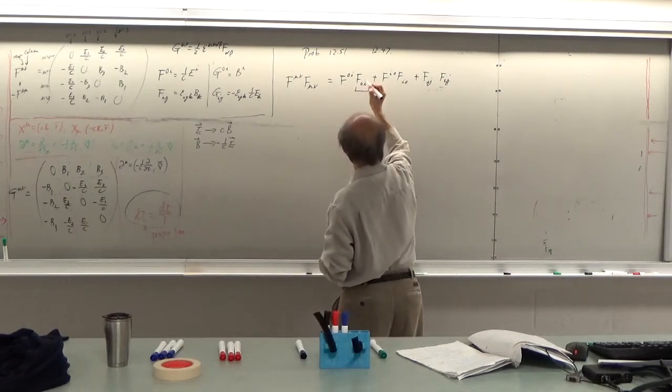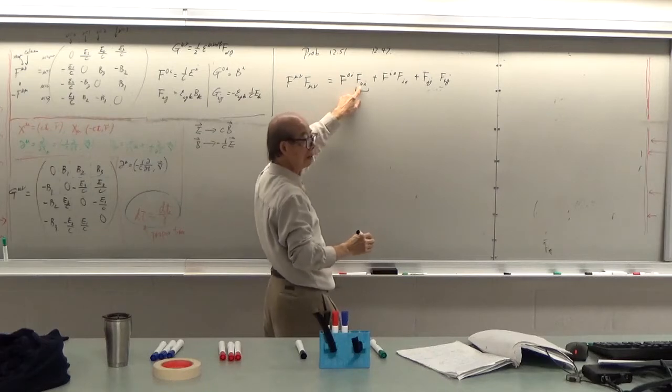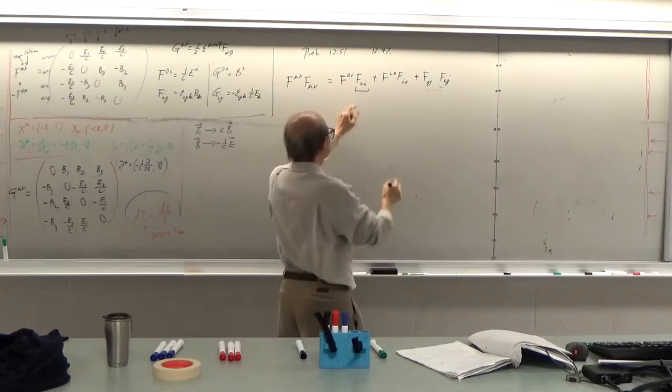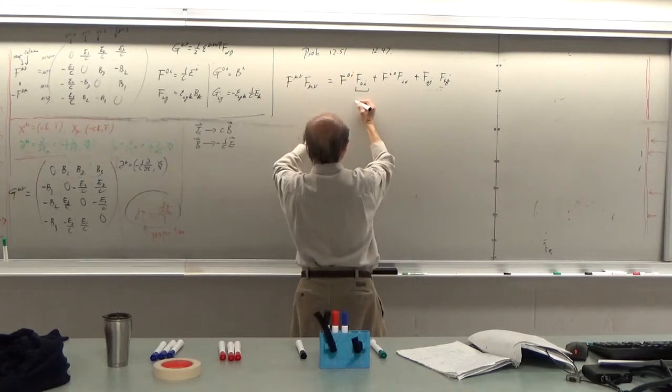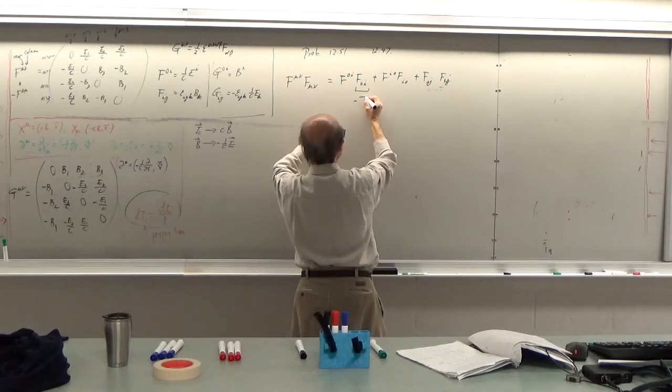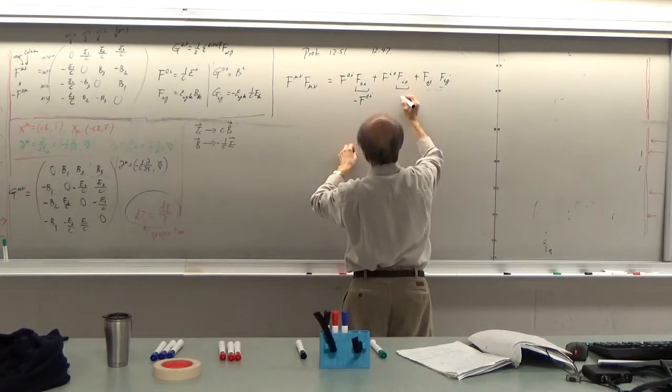Whereas F0i has this time index downstairs, so that I can now promote it to the upstairs with the help of a minus sign, F0i. Similarly, here, minus Fi0.